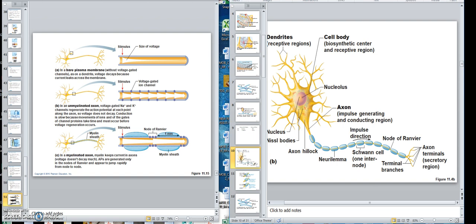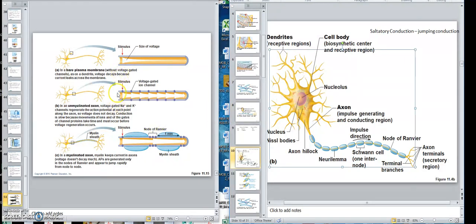Saltatory is a jumping conduction. Okay, this is how it goes.